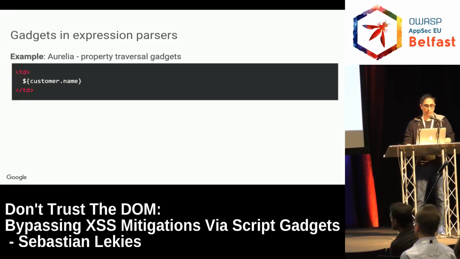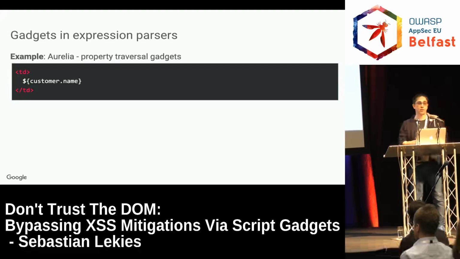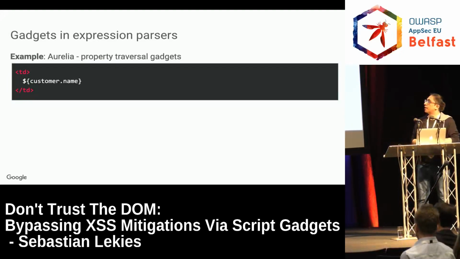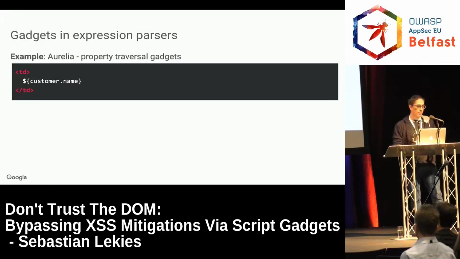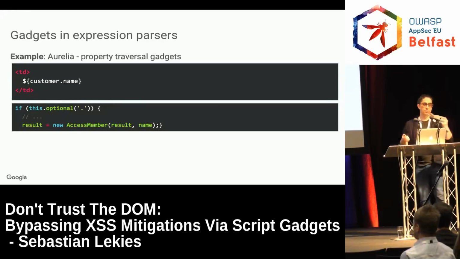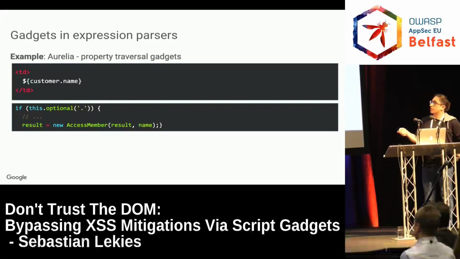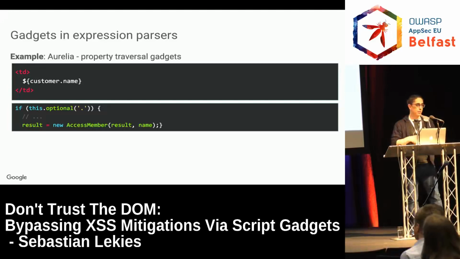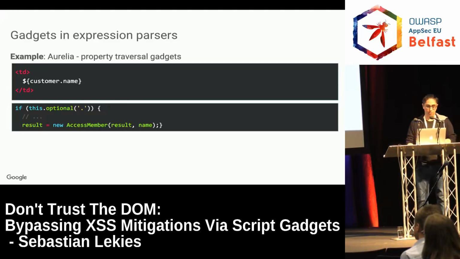Let's see an example. So, for example, there's the Aurelia framework. This is an example expression language expression here. So within this data cell, just output the customer's name, right? So how does Aurelia implement this? Well, it has a couple of gadgets, as we call them. In the expression parser, first, when it encounters the dot symbol, so this one from the customer, it creates a new object which is called access member, just so later on it can traverse this object graph and execute those particular members.